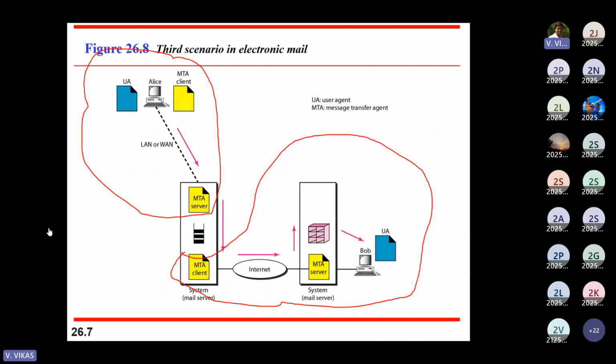That is the difference. So here we are going to consider two pairs of MTA client and server. One for moving the information from the source side to its server, another pair for moving from the source system to the destination system.